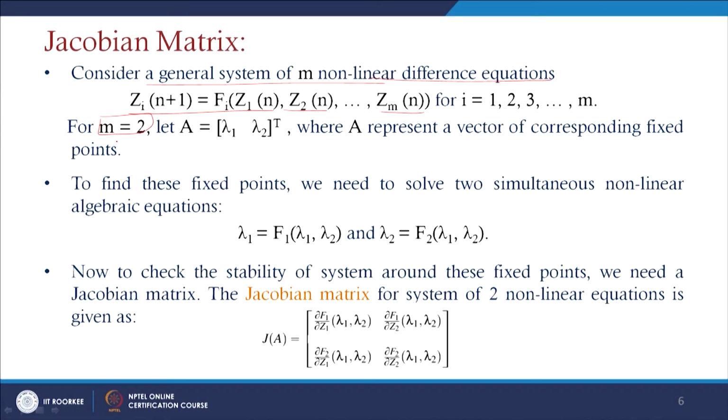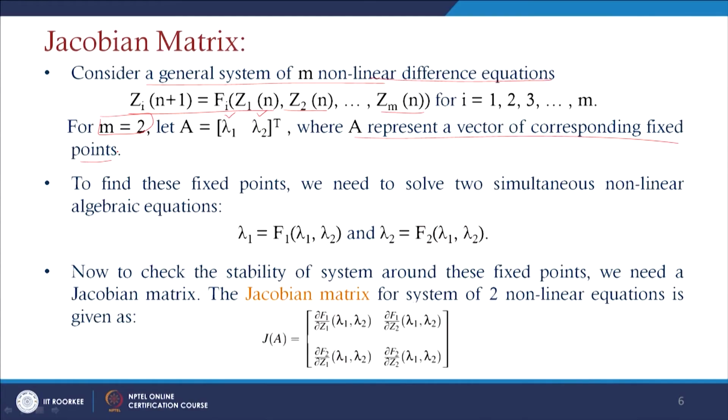Two fixed points will occur for both these systems. Assume these fixed points as lambda 1 and lambda 2, where A represents the vector of the corresponding points. To find these fixed points, we need to solve two simultaneous equations at a time.